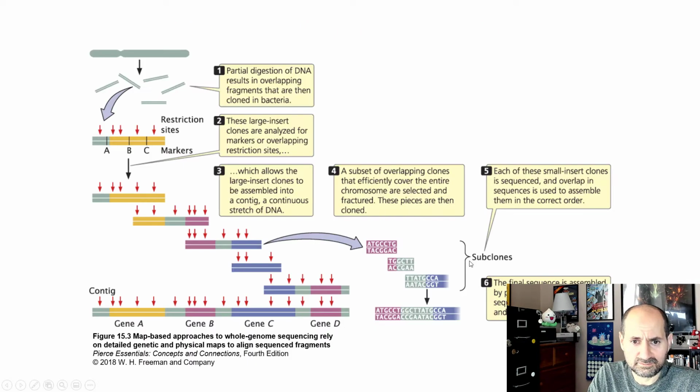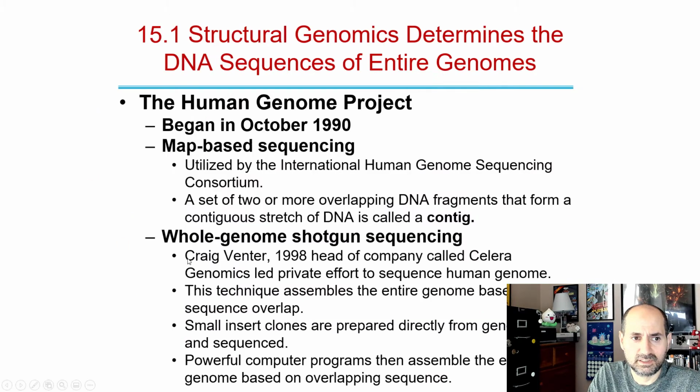While they were working on mapping out the human genome, a whole genome shotgun sequencing approach was started by Craig Venter in 1998. He was the head of a company, Celera Genomics, and he led a private effort to sequence the human genome. He used a different technique called the whole genome shotgun sequencing technique, based on sequence overlap.